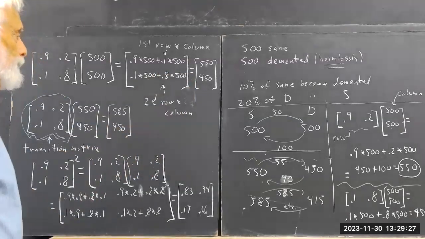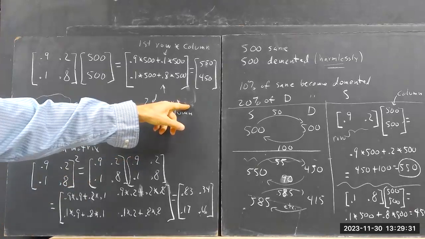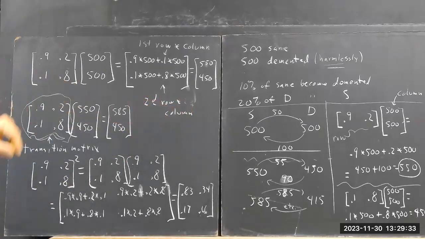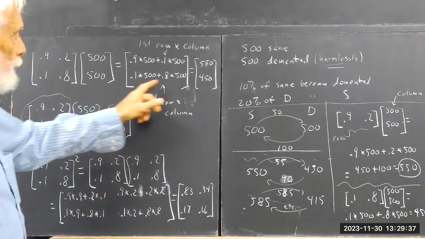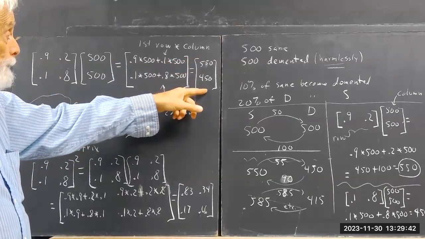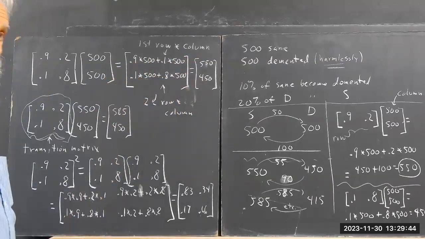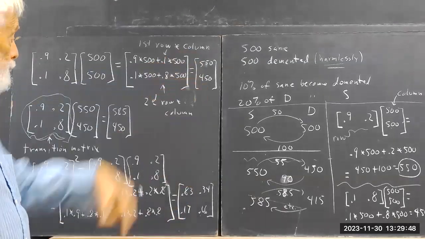I said second column, it's just times the column. We don't have a second column. So that's a mistake I made. Okay. Second row times the column. There it is. And there are numbers. So if we know how to multiply a row times a column, we get a result.